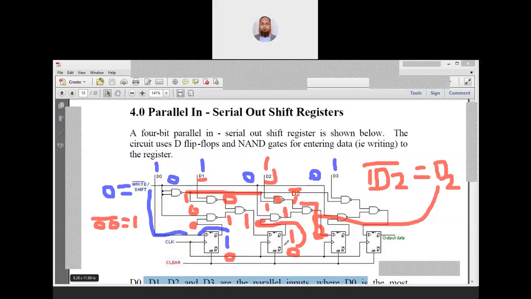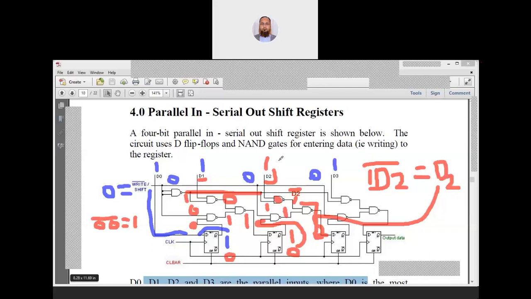Data can be anything. Now this data D2 will be available outside.